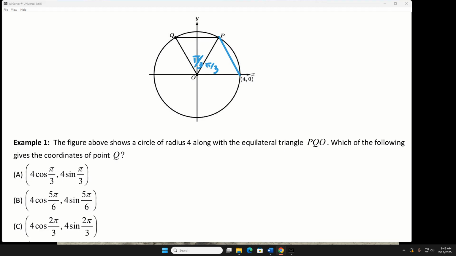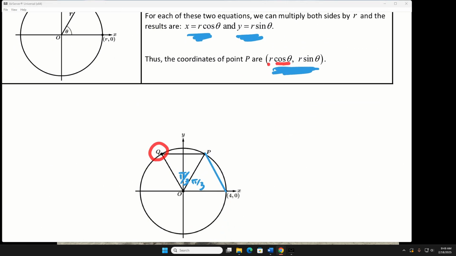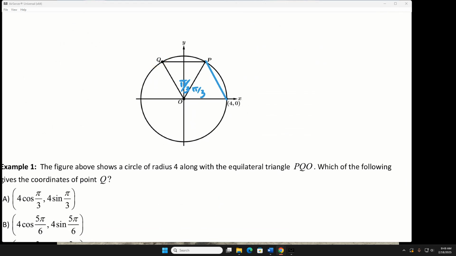What this question is asking us to do is to figure out the coordinates for Q, or what we would do to find them. Q is here. So according to this, we could do the radius times the cosine of the angle. My last class got so thrown off because they were thinking in terms of triangles, and you don't need to do that.